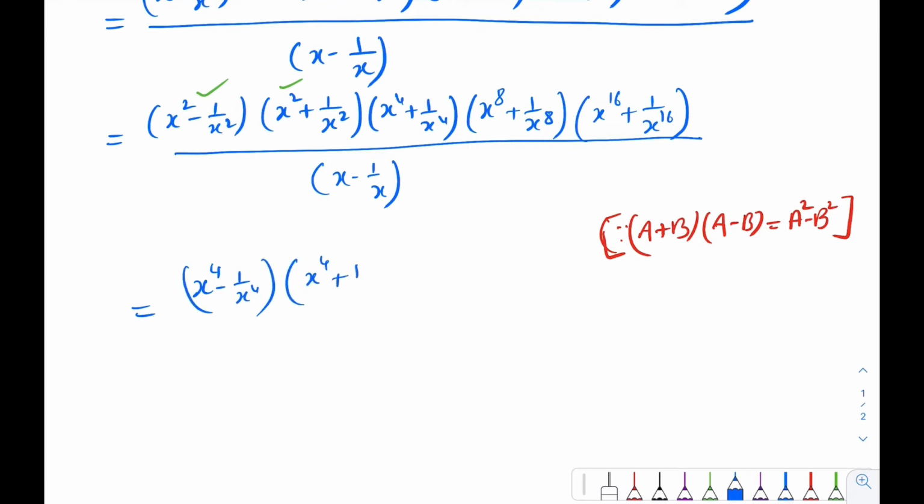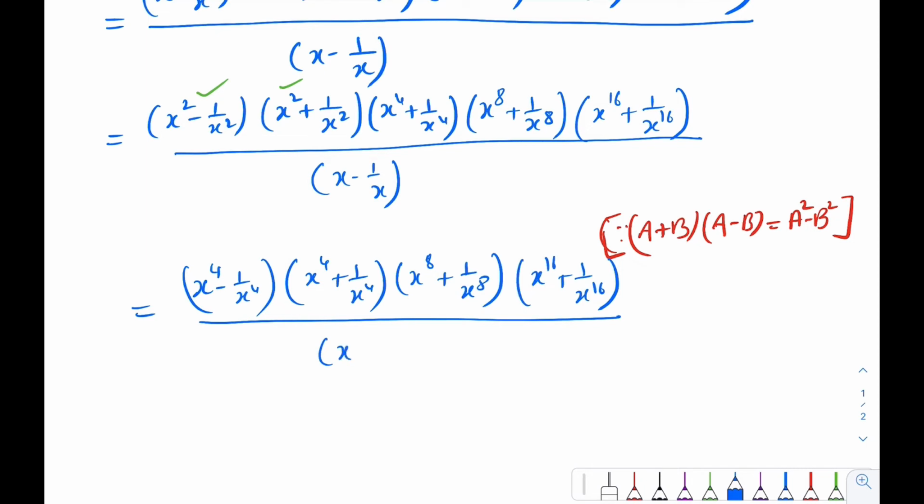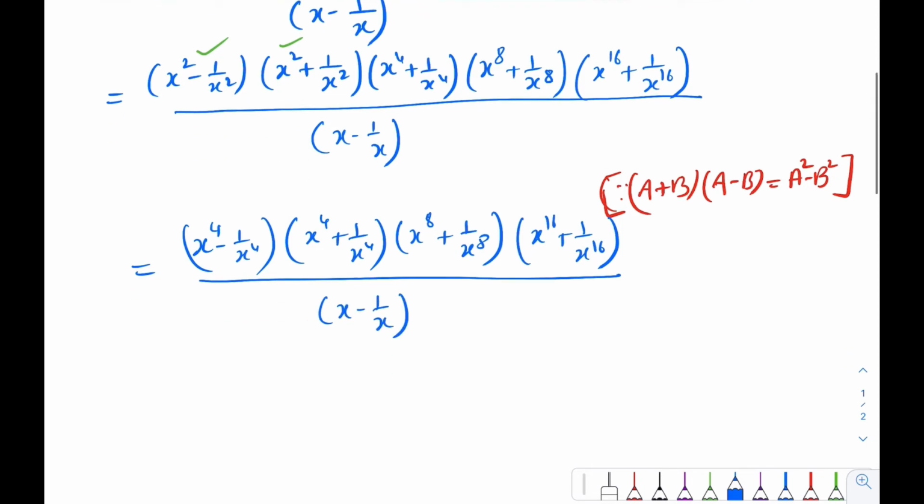So (x⁴ + 1/x⁴)(x⁸ + 1/x⁸)(x¹⁶ + 1/x¹⁶) upon (x − 1/x).